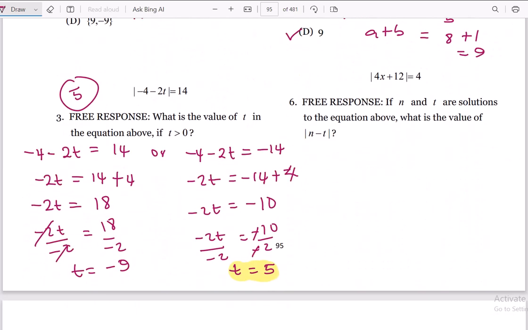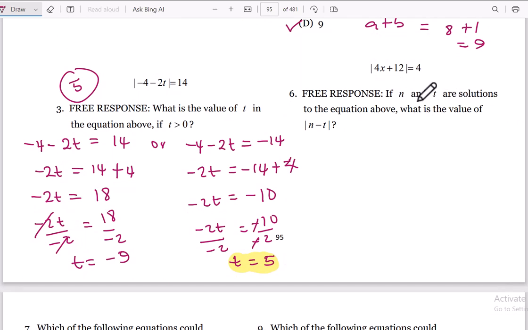Question number 6 says, if n and t are solutions to the equation above, what is the value of n minus t? So let's solve. We have 4x plus 12 equal to 4, or 4x plus 12 equal to minus 4. From here, 4x is equal to 4 minus 12, or 4x equal to minus 4 minus 12.